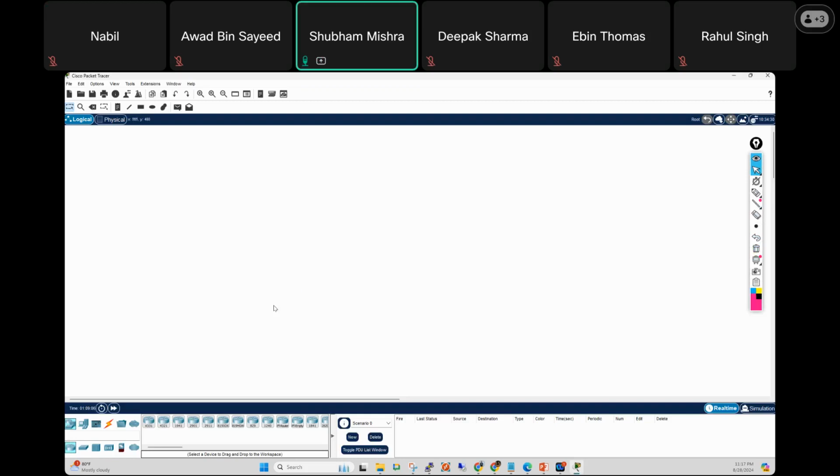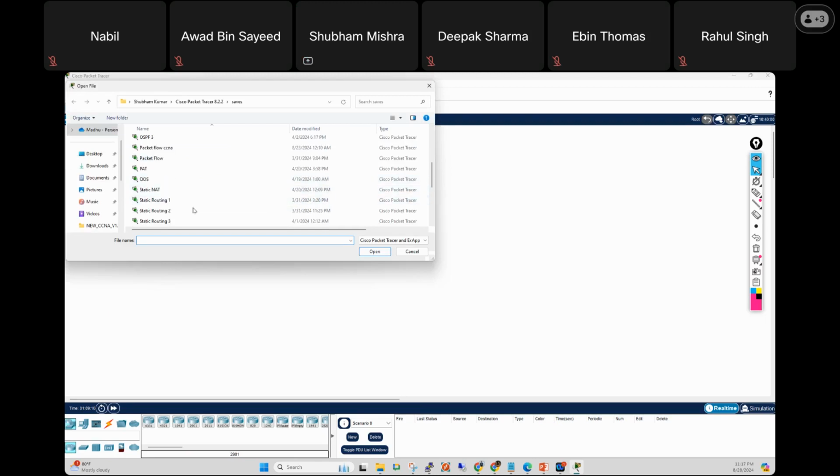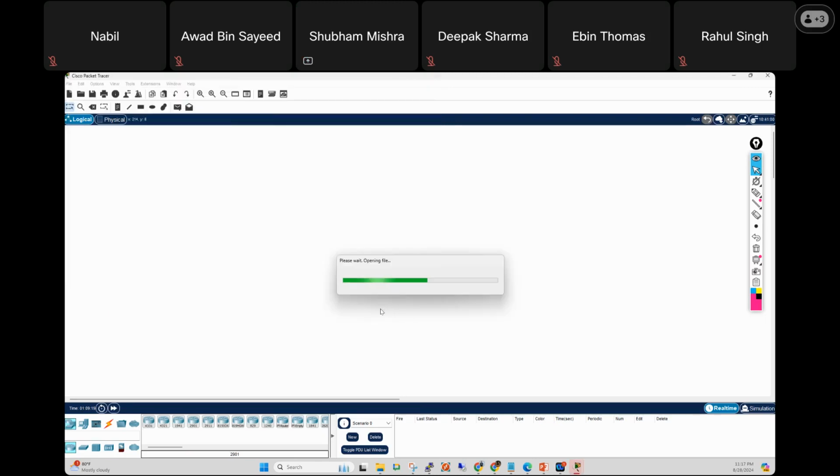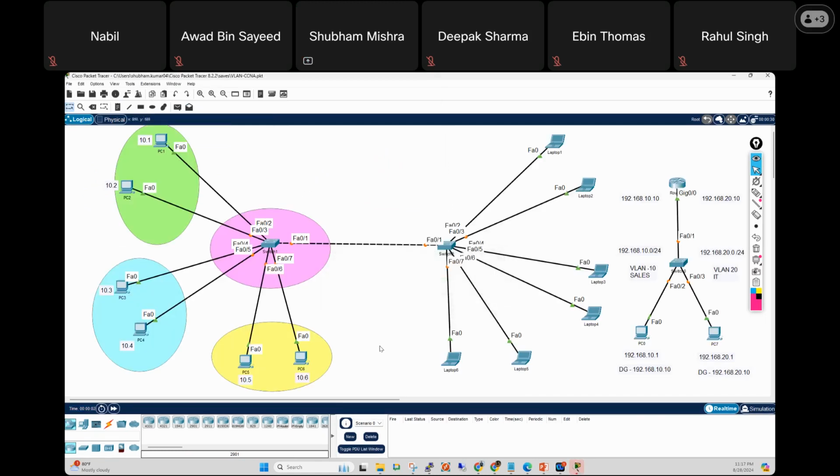Now the thing is, this is the topology we have. For example, in this topology, we configure the IP address here.